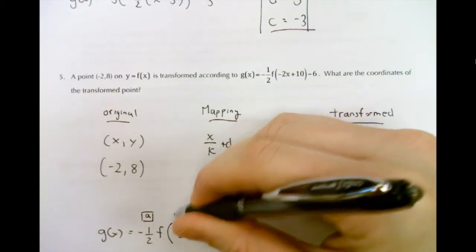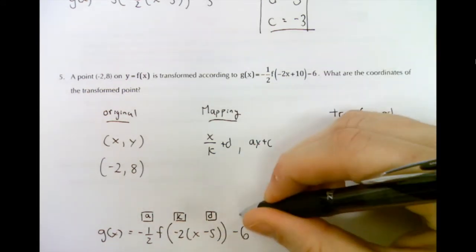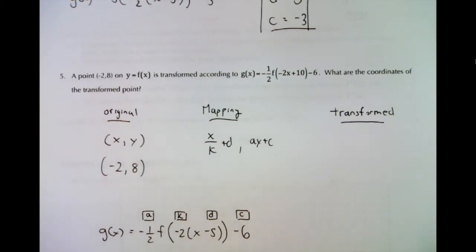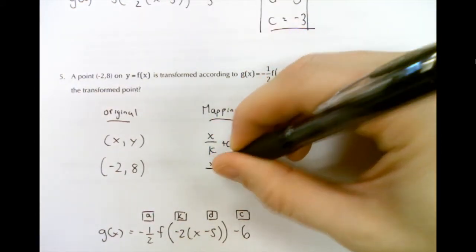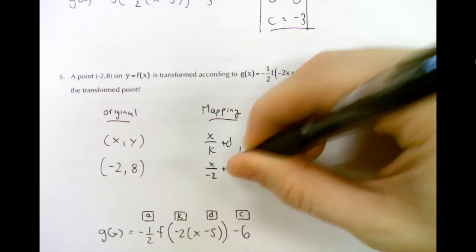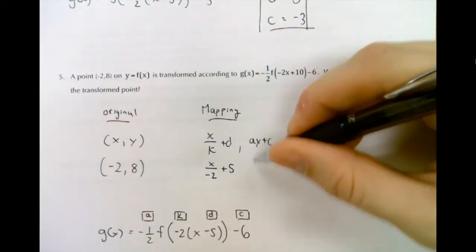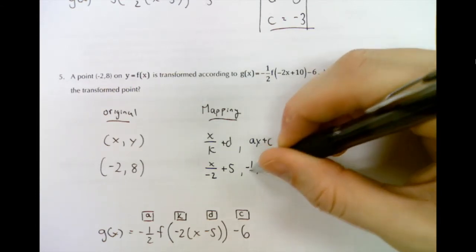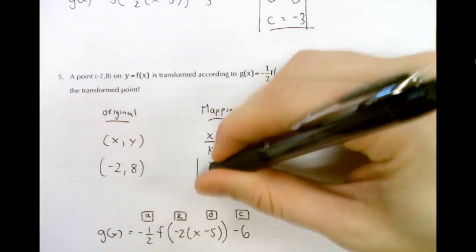K is inside the function multiplying. D is adding or subtracting on x. C is adding or subtracting outside the function. So we're going to take our x's and divide by negative 2. We're going to add d, which is the opposite sign, 5. We're going to take our y's and multiply by negative 1/2, a, and we're going to add c. C is negative 6. So here are our rules.